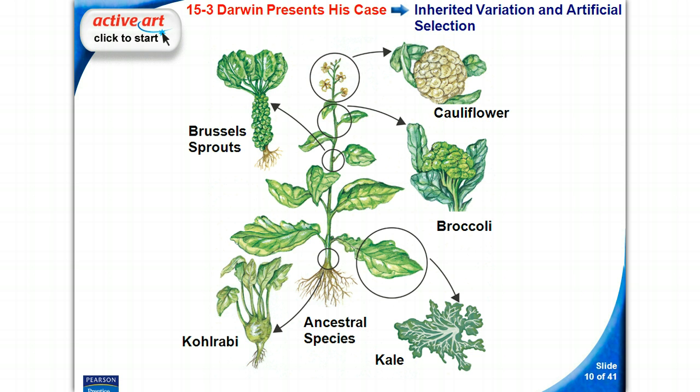As you can see here, we have Brussels sprouts, cauliflower, broccoli, kale, and kohlrabi. What I'm assuming here is that after years of this variation and artificial selection, from one plant, they were able to make 5 different plants.